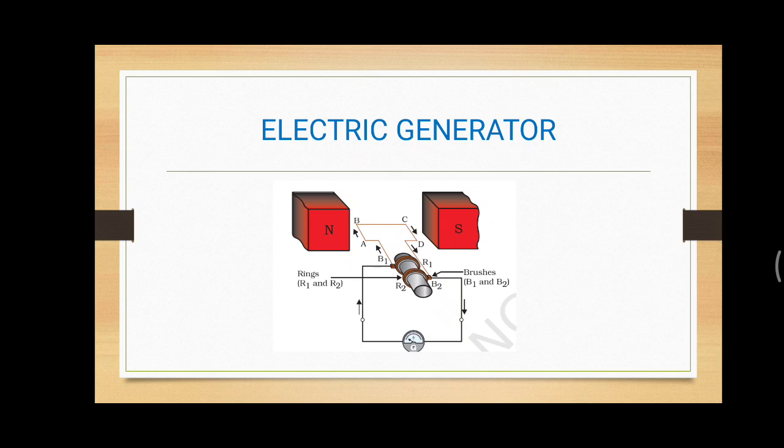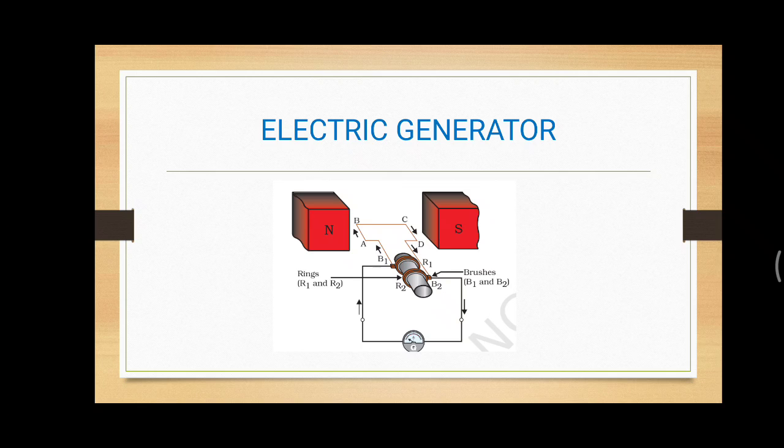So an electric generator is converting mechanical energy into electrical energy. But as we have studied in the case of the electric motor, it is converting electrical energy into mechanical energy.